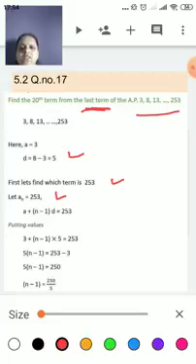A plus n minus 1 into d is 253. So 3 plus n minus 1 into 5 equals 253. Simplify: 5 into n minus 1 equals 253 minus 3, which is 250. 250 by 5 is 50, and n equals 51.